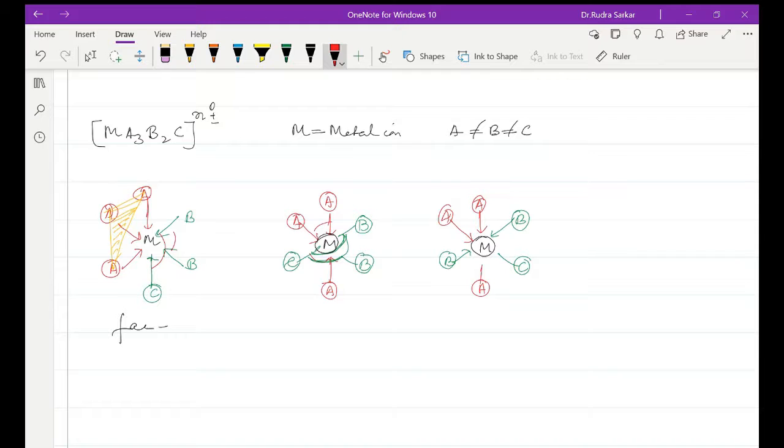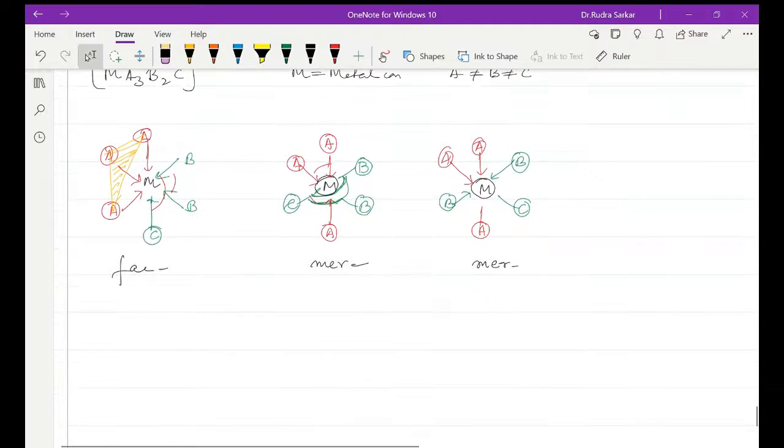So now what we see is that there are two possibilities or two types of Mer isomers in respect to the FAC isomer. In one of the Mer isomers, I repeat, the angle between the B and C is 180 and 90 respectively with the B atoms. And in another Mer isomer, we are seeing that the two B's are lying at 180 to each other, but with the C, it is 90 to both.